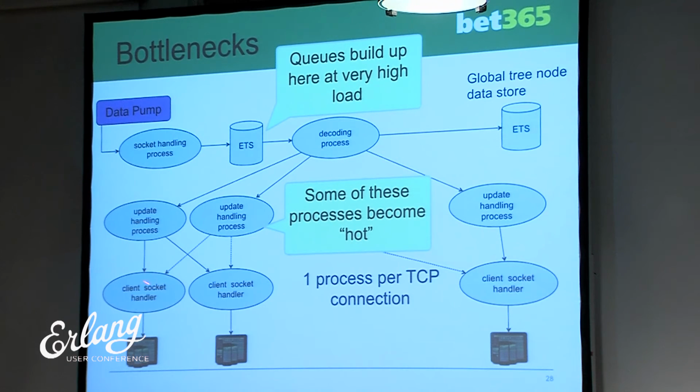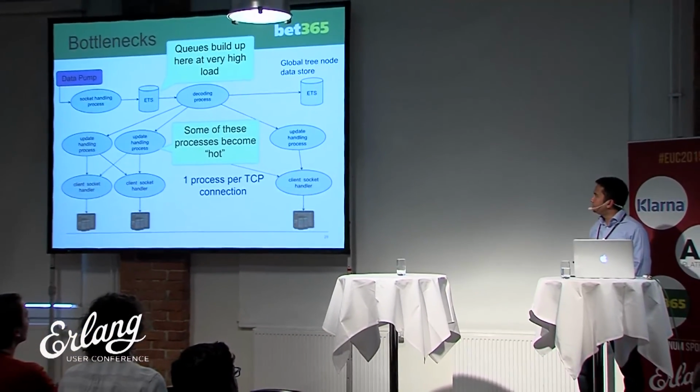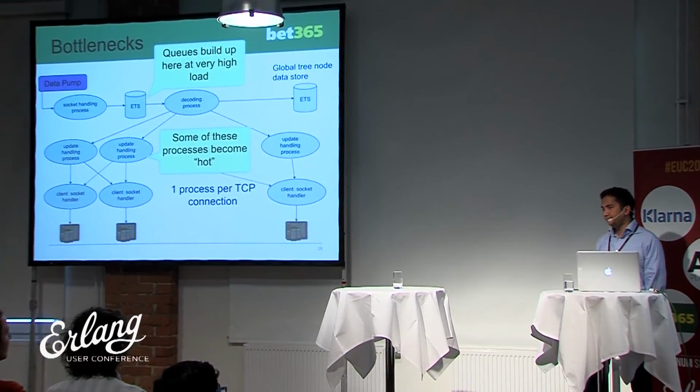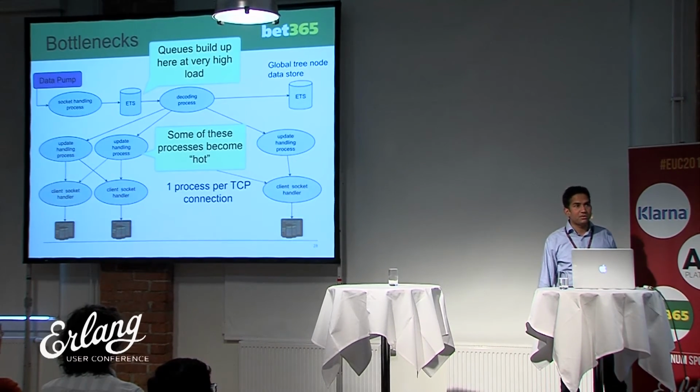And you've got thousands of these saying, I want that. So some of these can become quite hot. But the nature of the problem is we can't throw more processes at it. We have put in some hacks, but without changing our end-to-end protocol, it's hard.